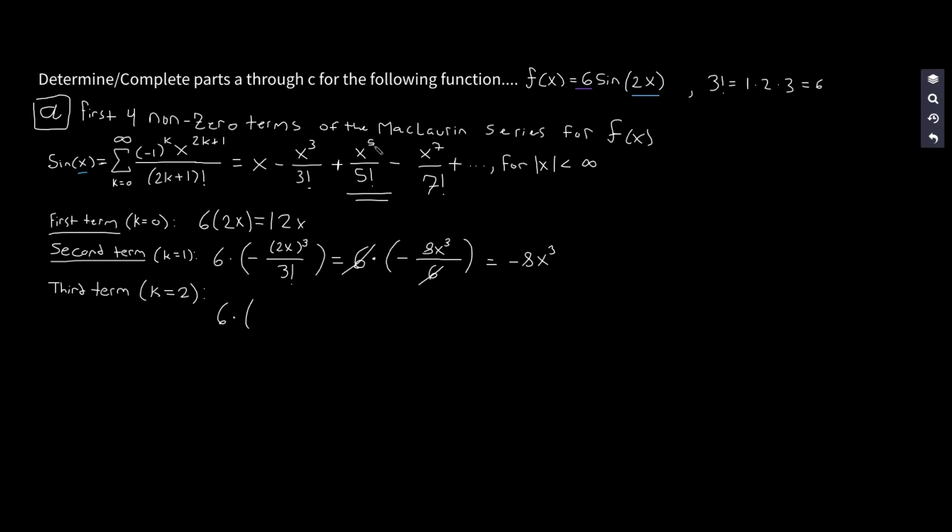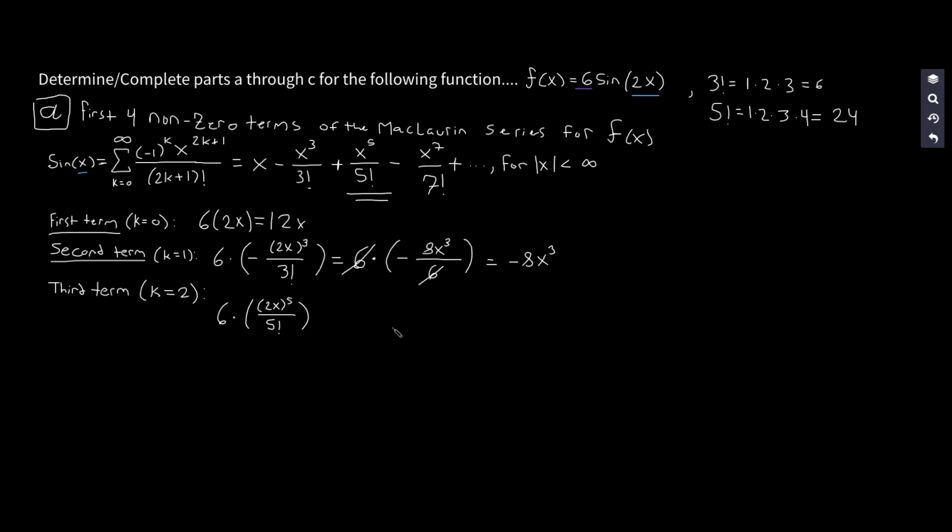We're going to be raising it to the 5th power over 5 factorial. So 6 times 2x raised to the 5th power over 5 factorial. All right, and then 5 factorial here is going to be 1 times 2 times 3 times 4, which is going to be 24.